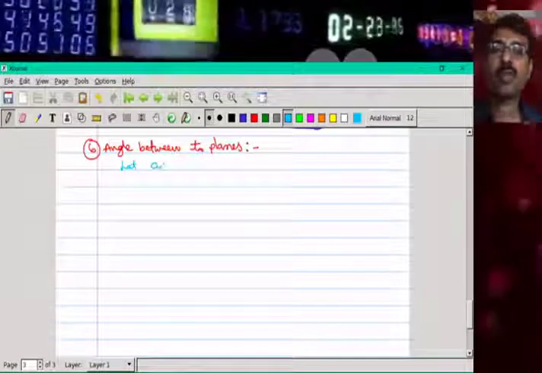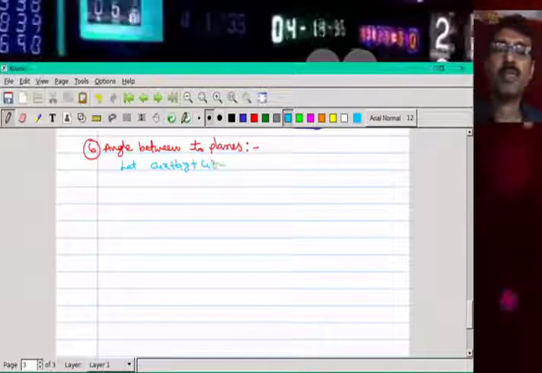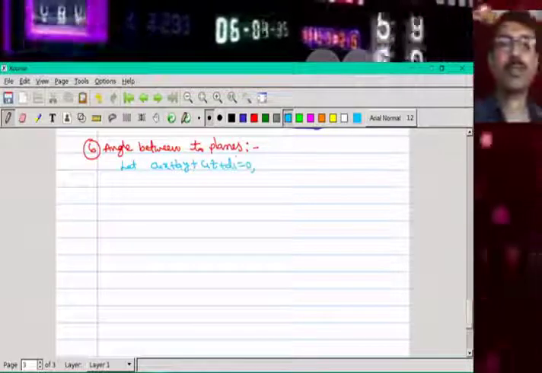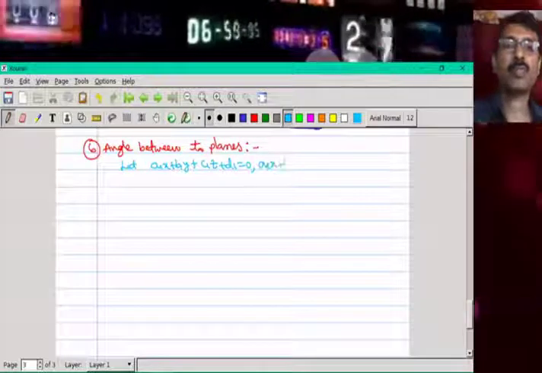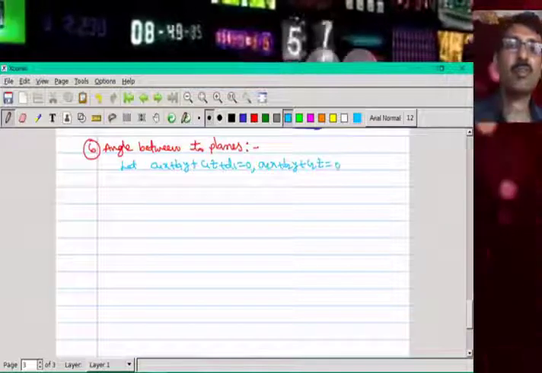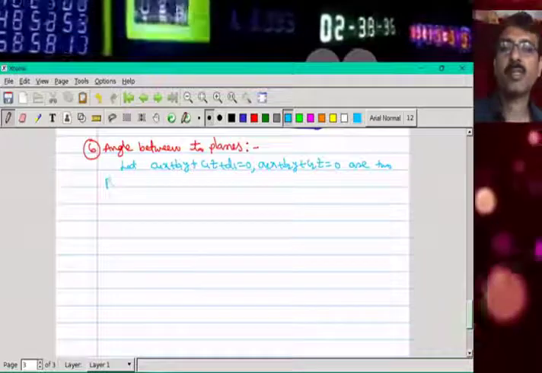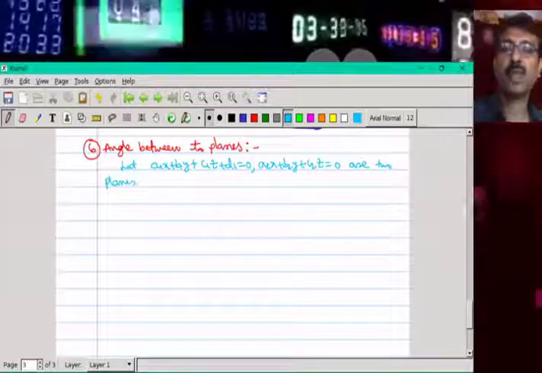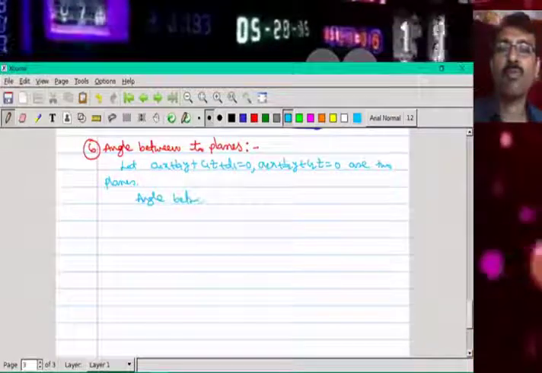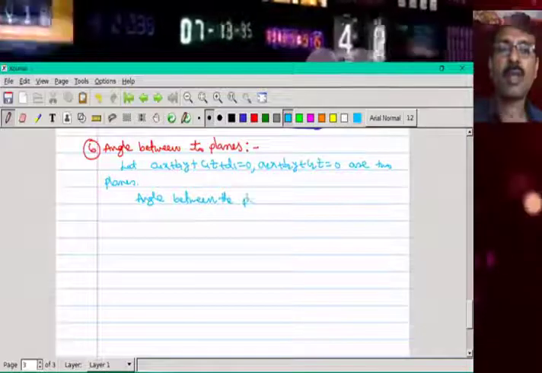Let a1x plus b1y plus c1z plus d1 equal to 0 and a2x plus b2y plus c2z plus d2 equal to 0 be two planes.